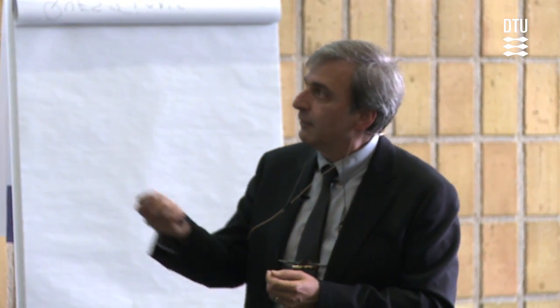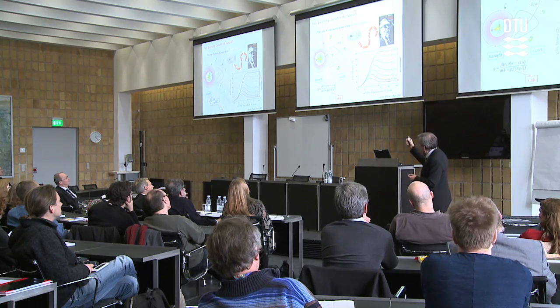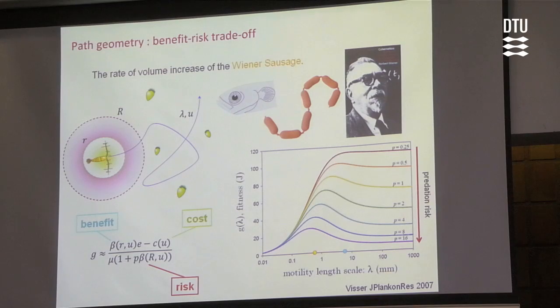You can write precisely that formula, which is the trade-off again, benefit minus cost divided by risk, and there's a plot of those. As predation increases, where that peaks for a particular predation level is the optimal ratio of its detection distance to the curviness of its path.